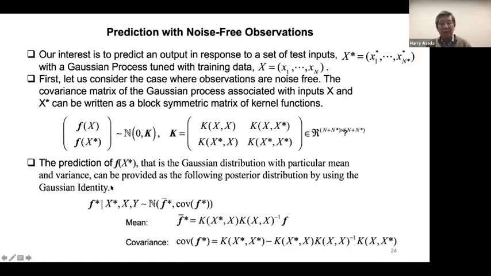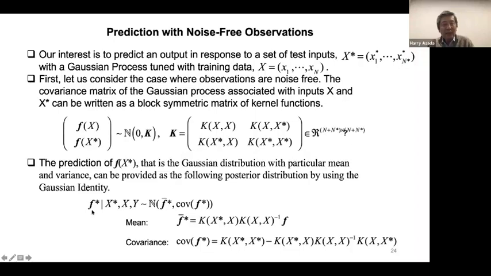If necessary, I'll post some background appendix on the website. So, given training data capital X and capital Y, we would like to examine the output in response to X star. This is the output, right?